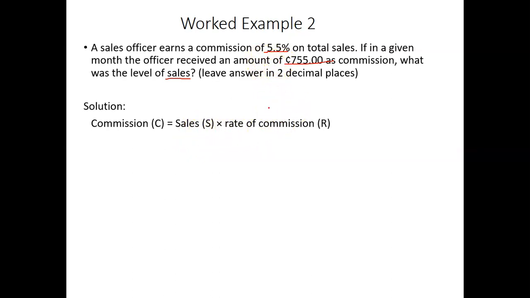And 5.5 divided by 100 gives you 0.055, isn't it? So let's substitute. Substituting, we have 755 equals S times 0.055. Are you with me? Now, we want to make S the subject, and there is a multiplication sign here. So to do that, we divide both sides by the coefficient of S, which is 0.055.